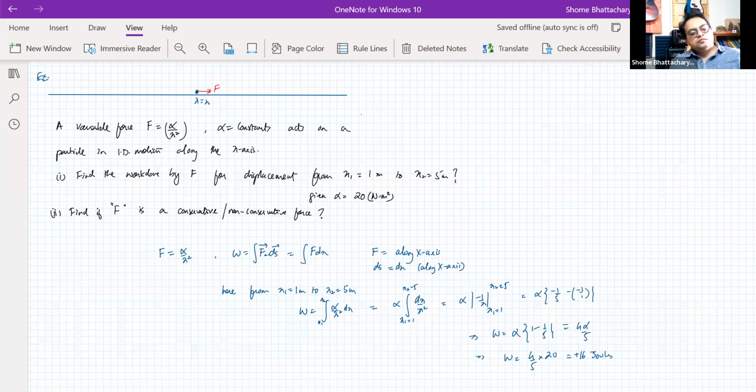Plus 16 joules is the work done. Remember, integration of 1 by x squared dx is integration of x to the power minus 2. So you're basically using this formula.